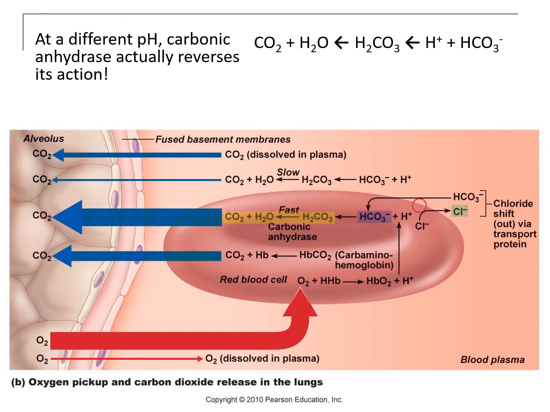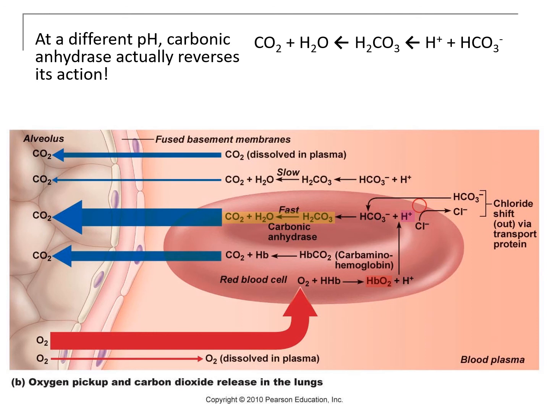And where do you get the hydrogen you need to combine into carbonic acid? Well, the oxygen that's there will knock the hydrogen off of the reduced hemoglobin, so you'll have oxygenated hemoglobin and hydrogen. This means the hydrogen is now available to be combined with the bicarbonate to form carbonic acid.